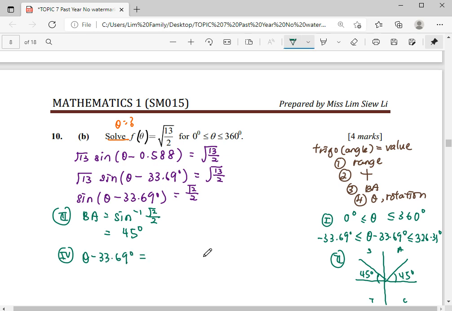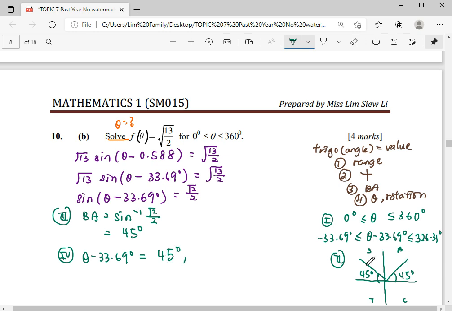What is our rotation? What is our angle generated for this solution? We can read based on our range here. When we have negative, I have to start from the reverse direction. Negative 33 point something, obviously in this quadrant we don't have our solution. Our solution only involves quadrant 1 and quadrant 2. So even if I reverse this angle, I didn't meet any solution. So I continue. We go back from 0 in quadrant 1, and we meet an angle in quadrant 1 which is 45 degree.